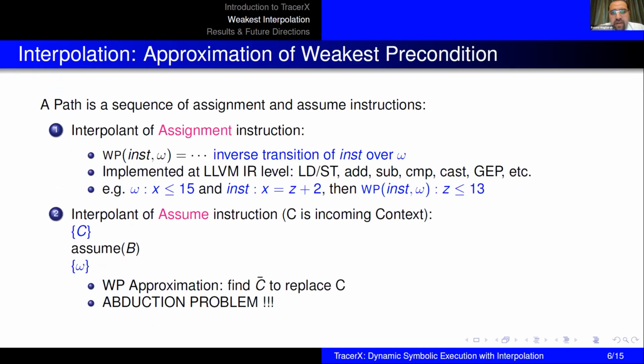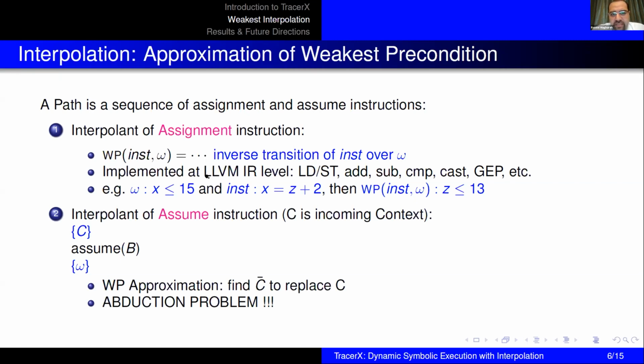In TracerX, for a path, we try to compute an approximation of the weakest precondition which is still a conjunction. We see a path as a sequence of assignment and assume instructions. The interpolant of an assignment instruction is pretty straightforward. We have a postcondition Ω, we have an instruction, and we compute the inverse transition of the instruction over the postcondition Ω.